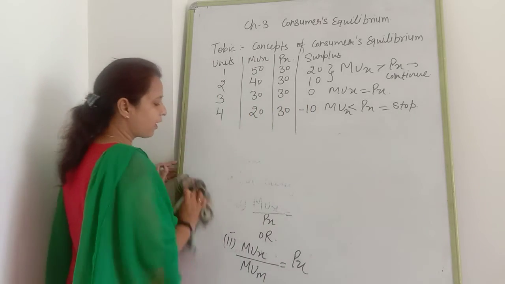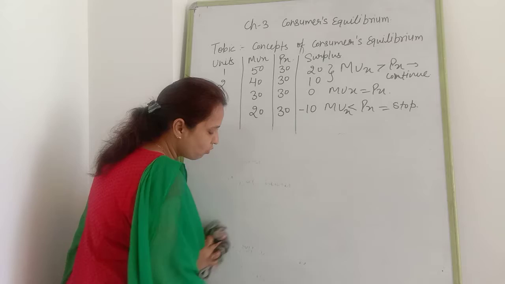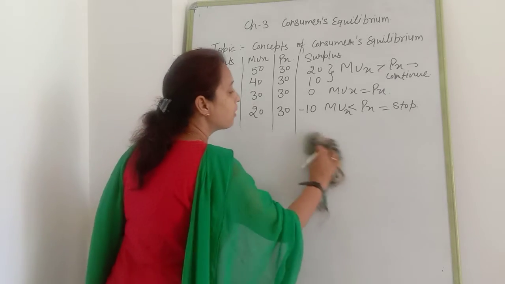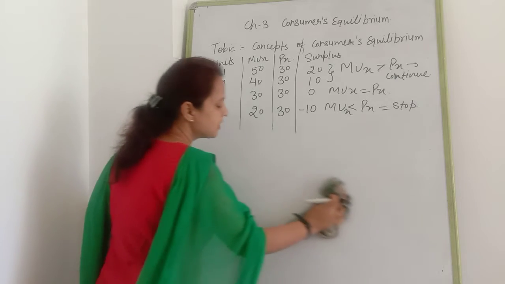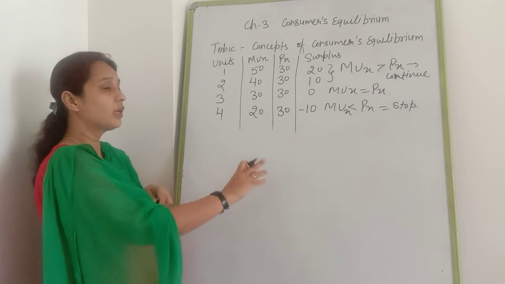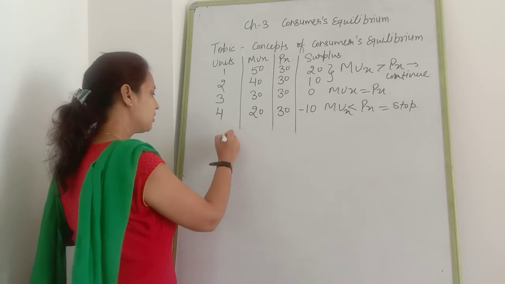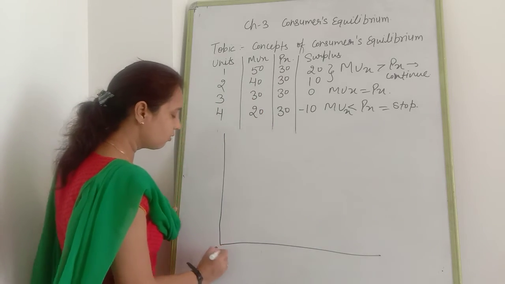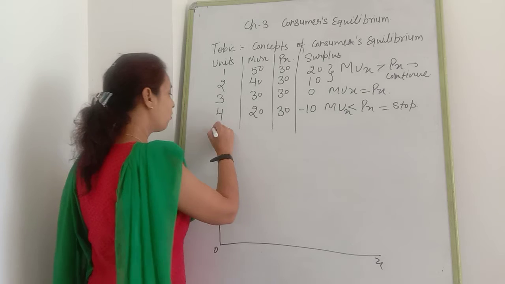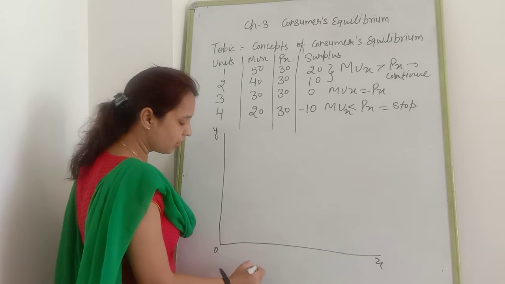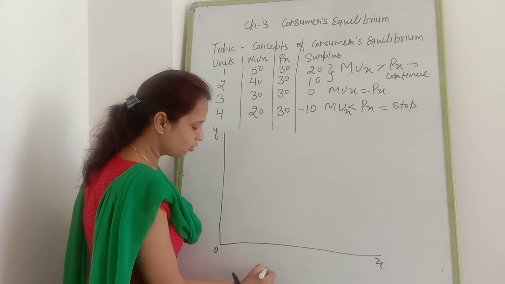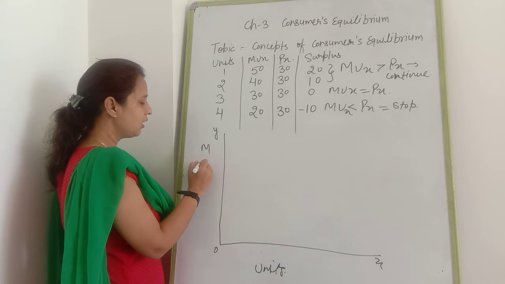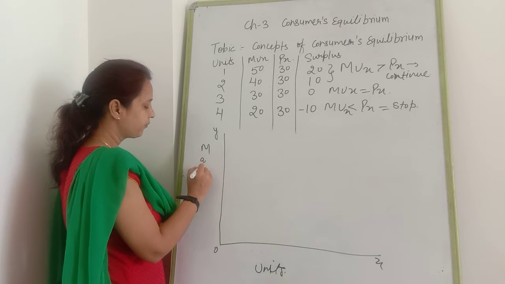This point will apply when your MUM value is 1. When in the question it is given that the marginal utility of rupees is equal to 1, then you can give this diagram and this schedule also. Look there: 0, X and Y. Clear? Now, all of you know, here we are going to show units, and here marginal utility.